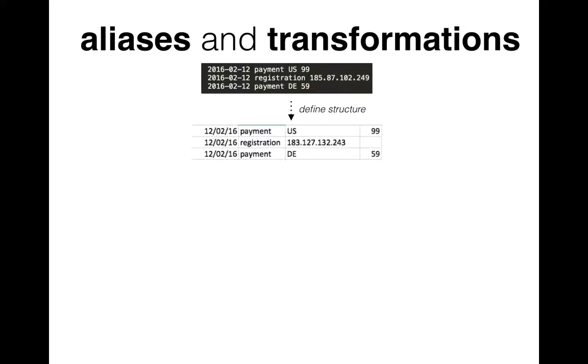Defining a structure means telling Pig how it should see such a file. For example, what we have done here is telling Pig in the background that this file is a simple text file, and the columns of the rows are delimited by spaces. So as you can see here, here is a space, and then here is a space, and then here is a space.